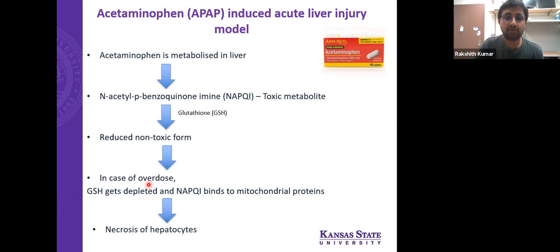In case of overdosing of acetaminophen, this GSH will get depleted, and then this NAPQI will take the upper hand, and it binds the mitochondrial proteins in hepatocytes to cause necrosis and then acute liver injury.